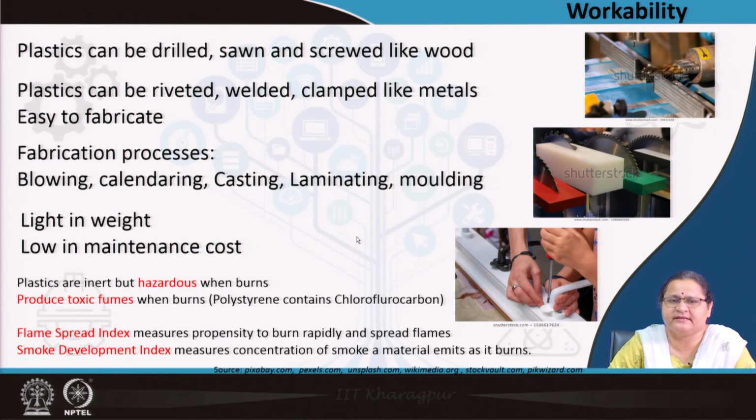Smoke development index or SDI, this also measures in a scale of 0 to 100 and it measures the concentration of smoke it creates on being burnt. So, these two terms actually help in measuring the hazard of any material which is going to get burnt.